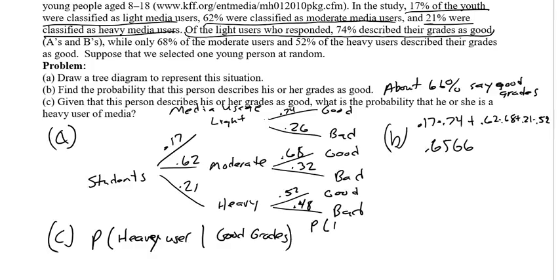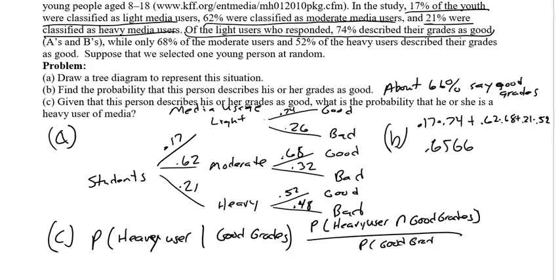Well, we just calculated the probability they get good grades. That's 0.6566. We also used the probability of heavy user and good grades, heavy user 0.21, good grades 0.52. We calculated that right here. It was part of our calculation. 0.21 times 0.52 is the probability of heavy user and good grades.